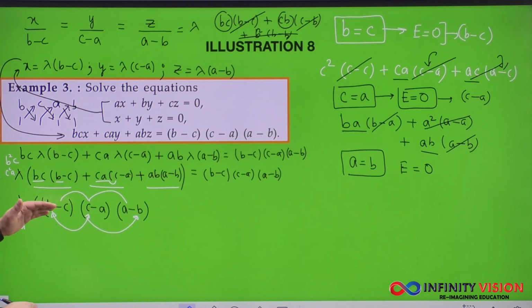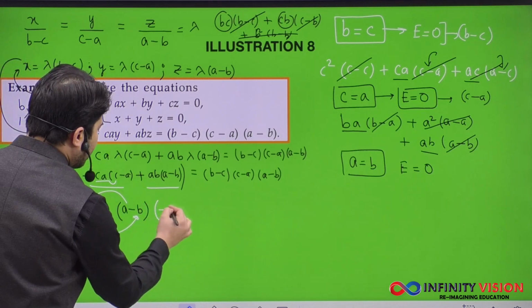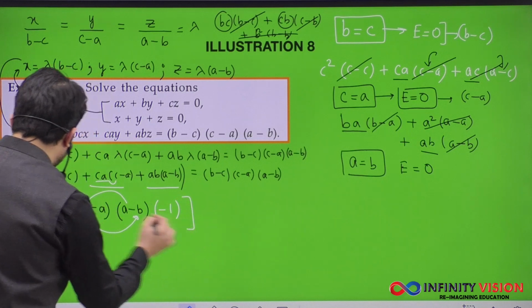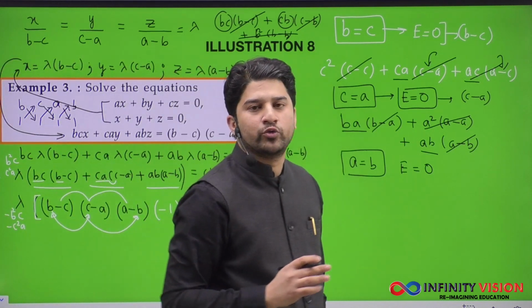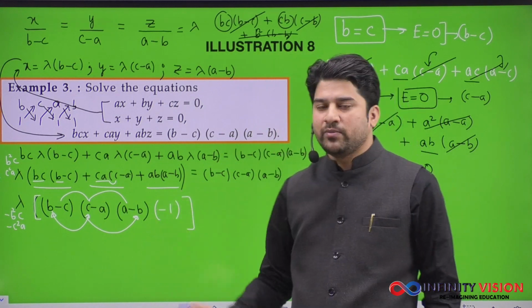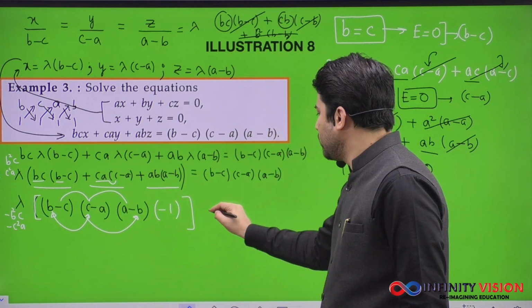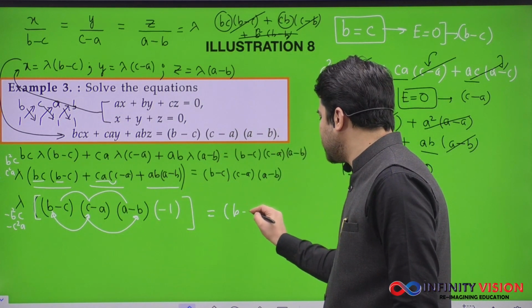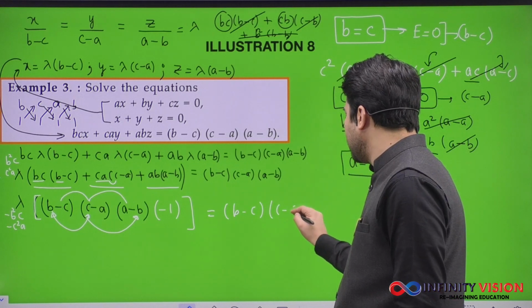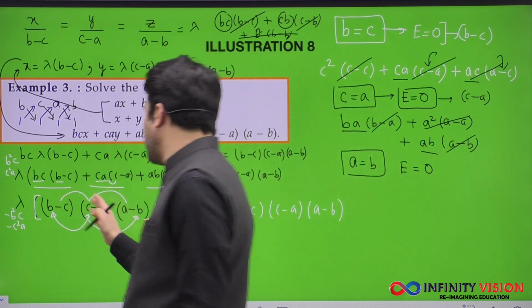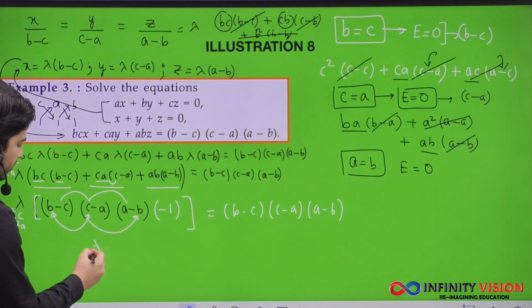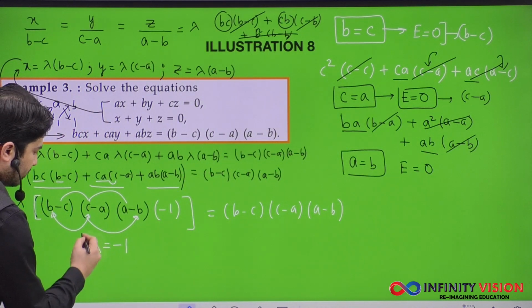So how am I going to balance it out? I'm going to multiply with minus 1. So I can say this whole expression can be factored into minus into B minus C into C minus A into A minus B, which is equal to lambda into B minus C into C minus A into A minus B. And by solving it, I can say lambda equals minus 1.